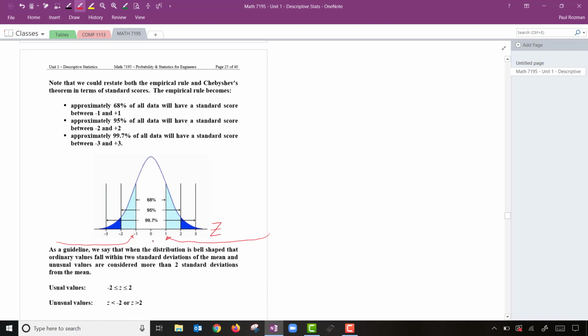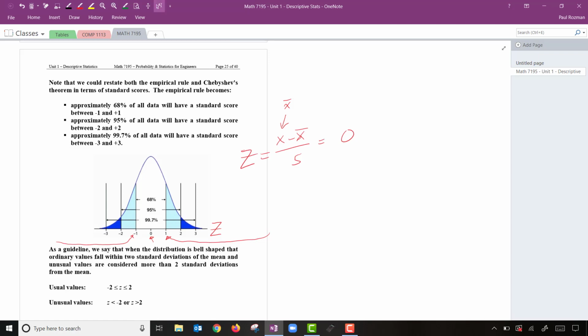You'll notice that the mean has a z-score of 0, which makes sense. If you have x minus x bar over s, how far away from the mean is the mean? Well, if you replace your score with x bar, you get 0. So the mean is no standard deviations away from the mean.